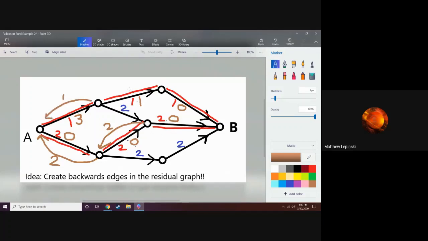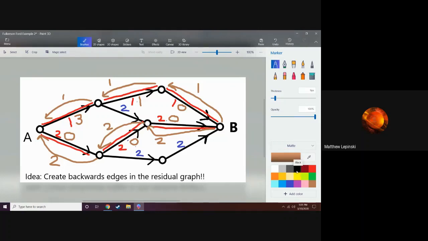This is 1, 1, 1, and then this is finally what I've done: I have drawn backwards edges in the residual graph that represent backtracking.